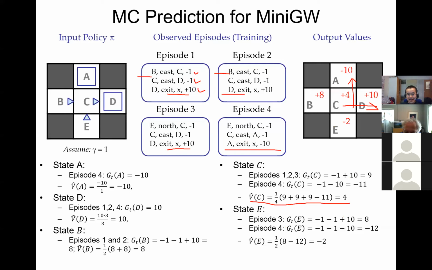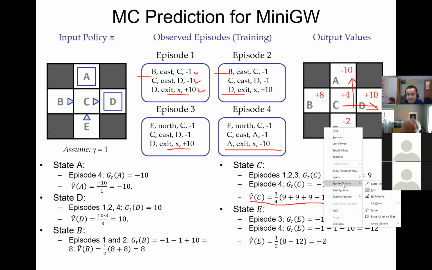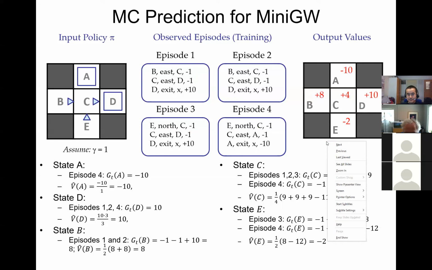And state E, once it goes north into C, then to D, another time it goes E to C to A. So its returns are 8 and -12. So the average is -2.